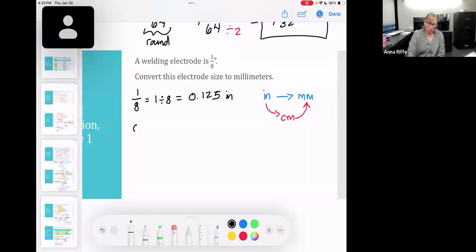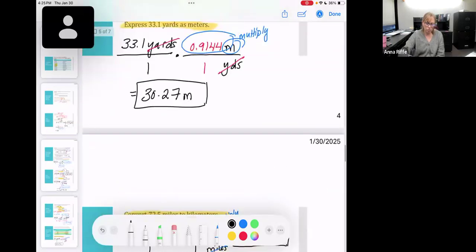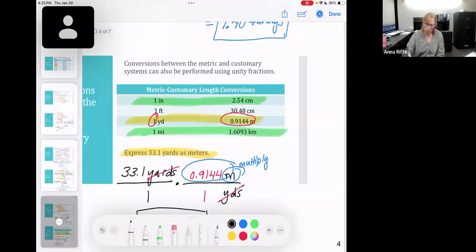So I'm going to go from 0.125 inches, put that over 1. I can note in my conversion chart above that I have one conversion factor here from inches to centimeters. We already used it once, we'll use it a second time.